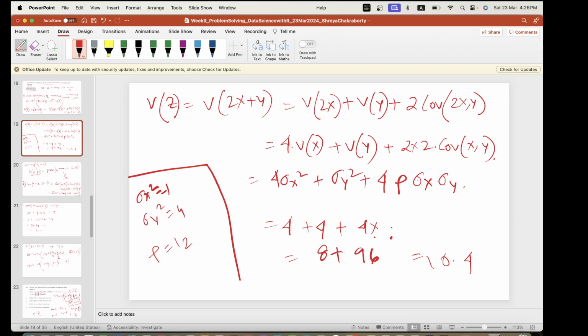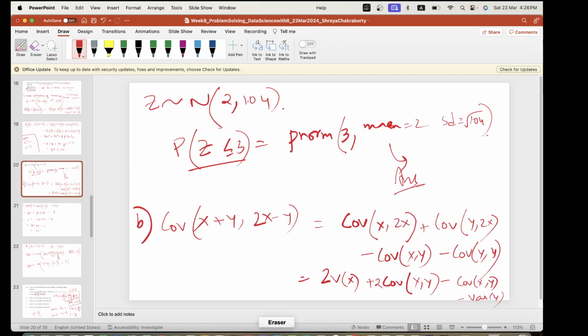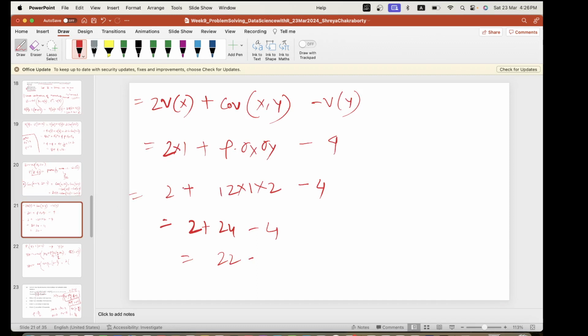So 4 into half into sigma x, which is 1, sigma y is 2. So this would be 8 plus 4, that is 12. So this would follow a normal with mean 12, square root of 12. Similarly here, this would be half.